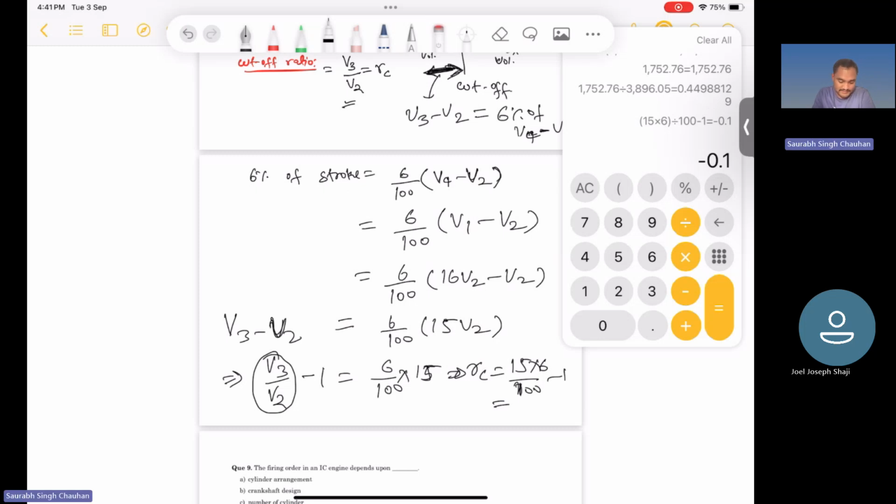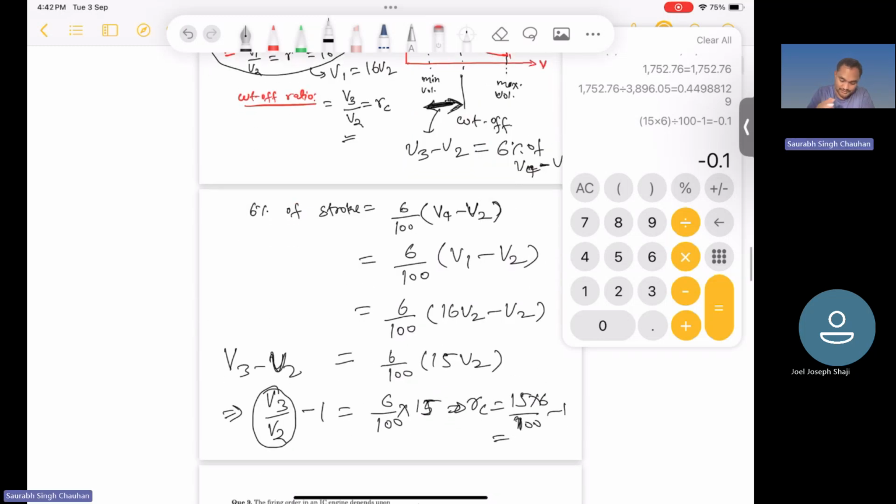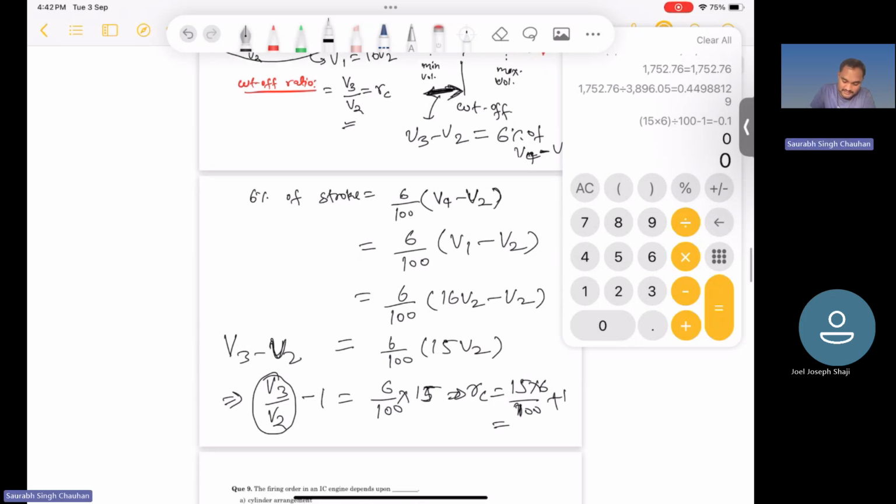Had we made some mistake? We are getting something wrong. Sir, it is plus 1. Isn't it plus 1? Oh, sorry, right. So it should be 0.9 plus 1, so it should be 1.9, right?